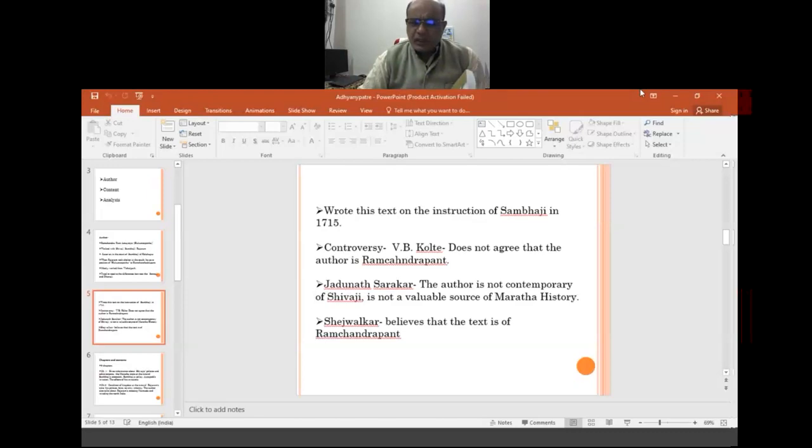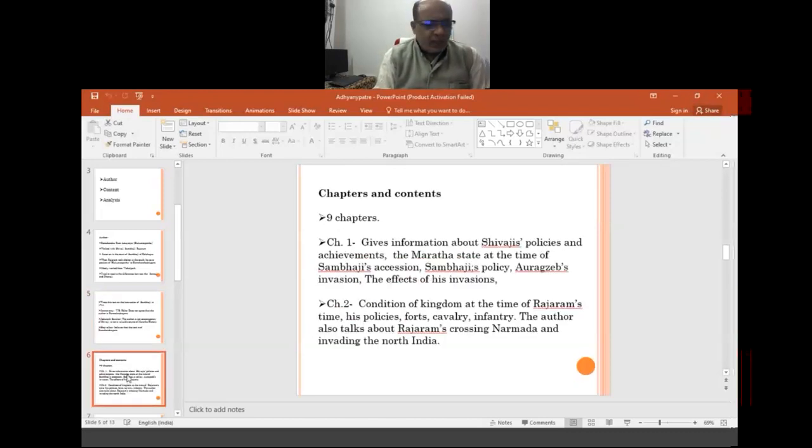V.B. Kolte, one scholar, says that the author is probably not Ramchandra Pant Amatya, because the attitude of Ramchandra Pant Amatya as a historical character and the person who writes this book does not match. And Jadunath Sarkar also says that the author is not a contemporary of Shivaji. It is a text of a much later date, and that is the reason it's not a very valuable source of Maratha history. But Shejwalkar, another Maratha historian, believes that this is a text of Ramchandra Pant Amatya, and that is the reason it is considered quite a valuable source of Maratha history.